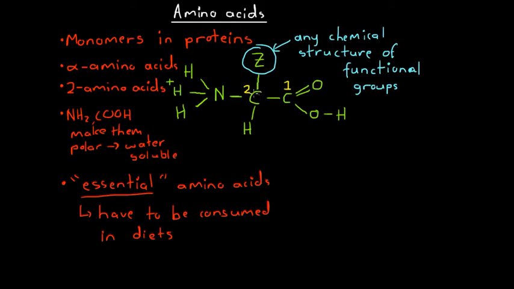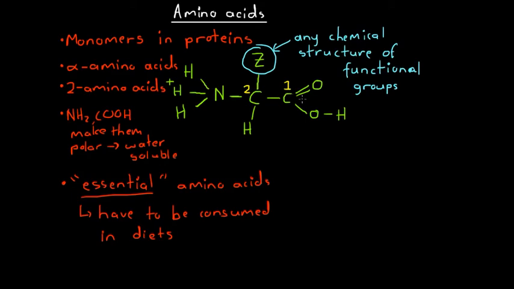Now that's very interesting. So our amino acids can act as acids by losing or donating a hydrogen atom from the carboxyl functional group, or they can act as bases by accepting a hydrogen from somewhere else and bonding that hydrogen with the nitrogen atom here, making them a positive ion.